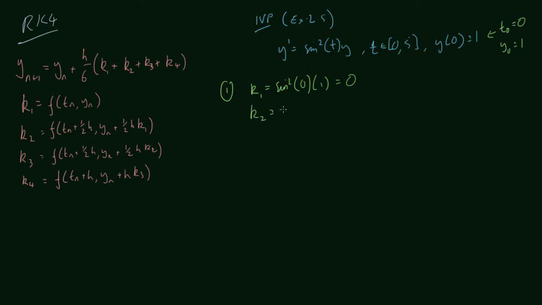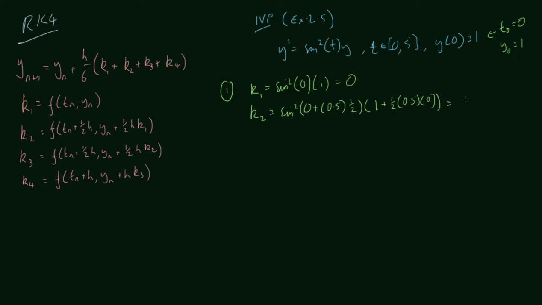For k2, instead of just t, we have t plus our step length 0.5 times a half, all sine squared, and that's multiplied by y0 plus a half h times k1. So y0 is 1 plus a half times h times k1, which was 0.